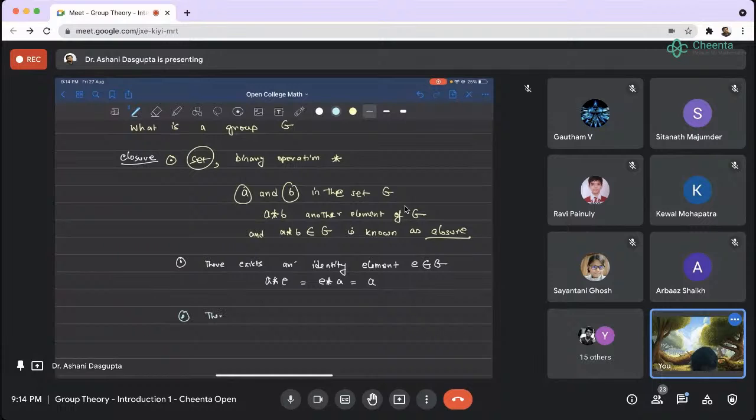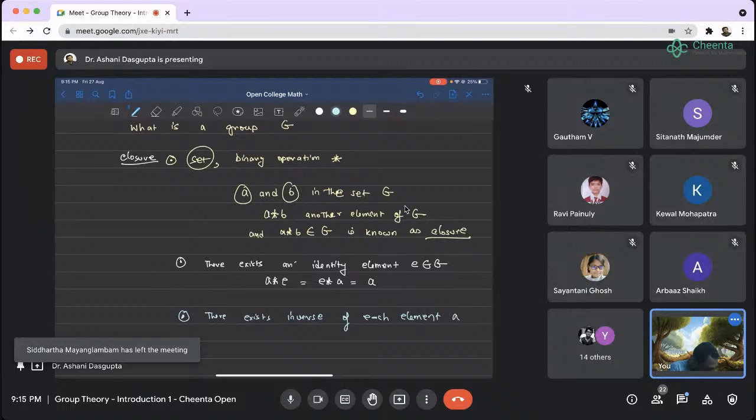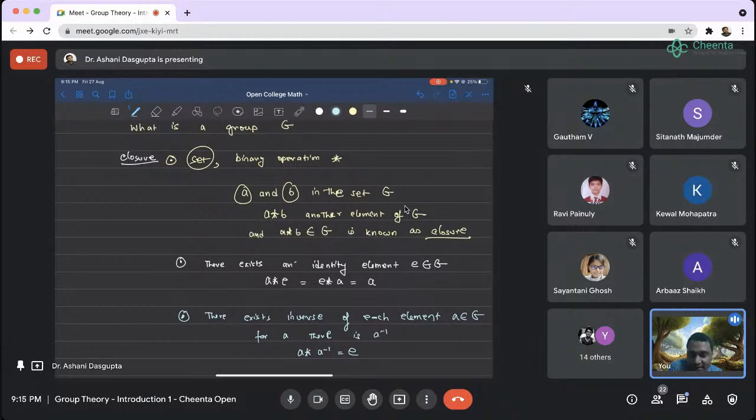There exists an inverse of each element A in G, which means that for A there is A inverse such that A star A inverse is equal to the identity element. You multiply the element with its inverse, and you get the identity element back.